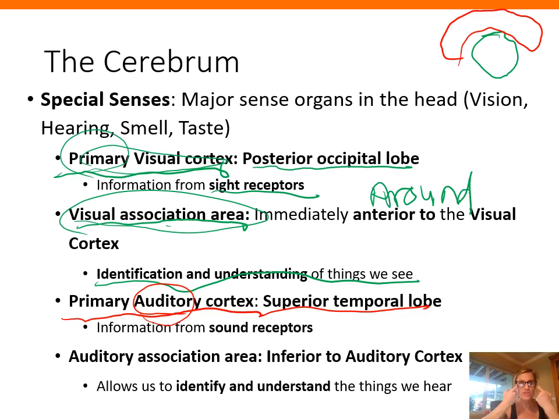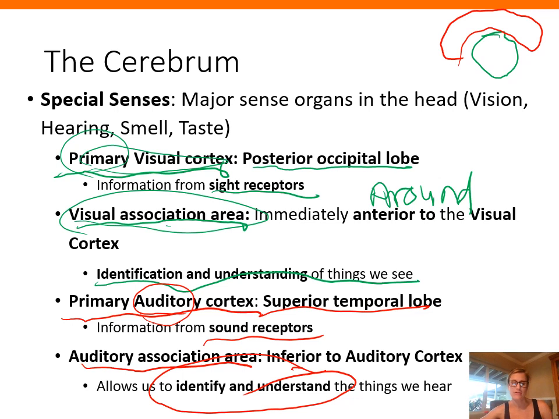Auditory for the ears just goes into the temporal lobe. The primary auditory cortex receives raw information from sound receptors. The auditory association area is just kind of behind and below the cortex, and that allows us to identify and understand the things that we're hearing.